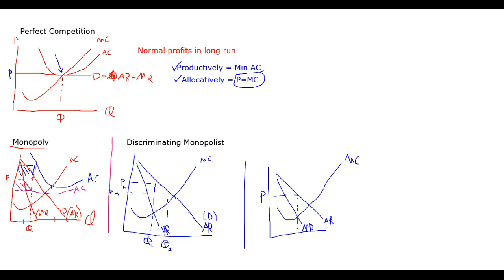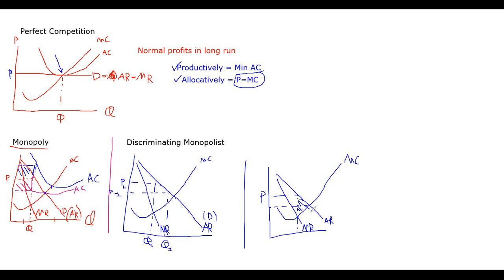Deadweight loss is this particular area, because had you priced where P equals MC, had you been perfectly competitive, for example, you would be somewhere here.